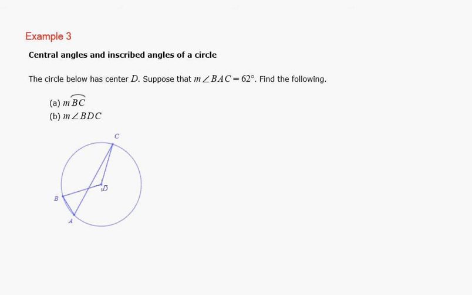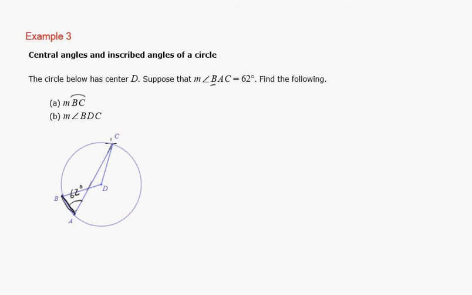D is the center. They're telling us the measure of angle BAC. Oh, they're telling us the inscribed angle. Tricky. Okay, so if this angle is 62 degrees, and that's an inscribed angle, right? Is it BAC? Very tricky. That's an inscribed angle.